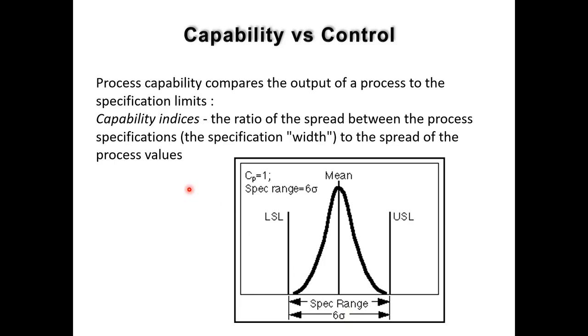By computing these capability indices, you will know whether your process is capable or not: is your process capable of producing items which should not go above the upper specification limit or lower than the lower specification limit?